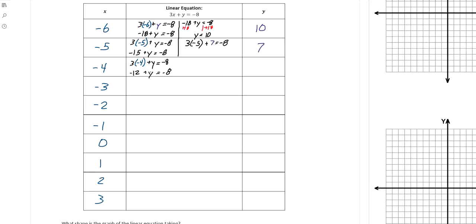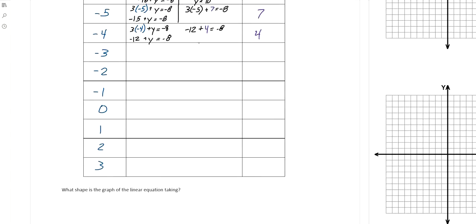So that tells me that y has to be 4, since -12 plus 4 equals -8. So y will be 4.